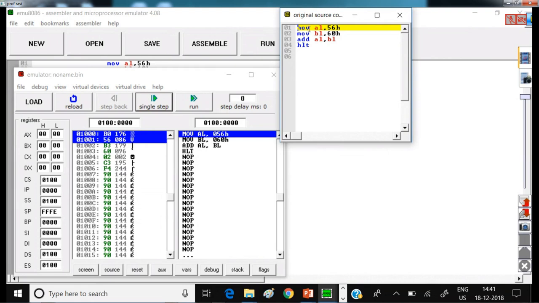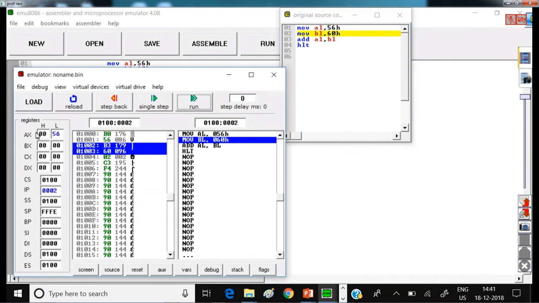Now the moment I write MOV AL, 56, the assembler converts that into machine level code. B0 is the opcode for moving. When I execute this, in the AX register at the top left, the lower byte AL becomes 56.